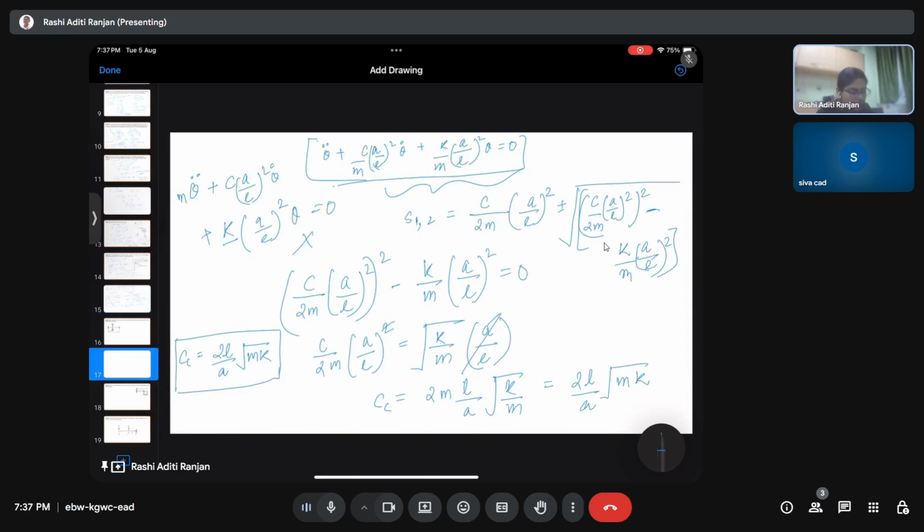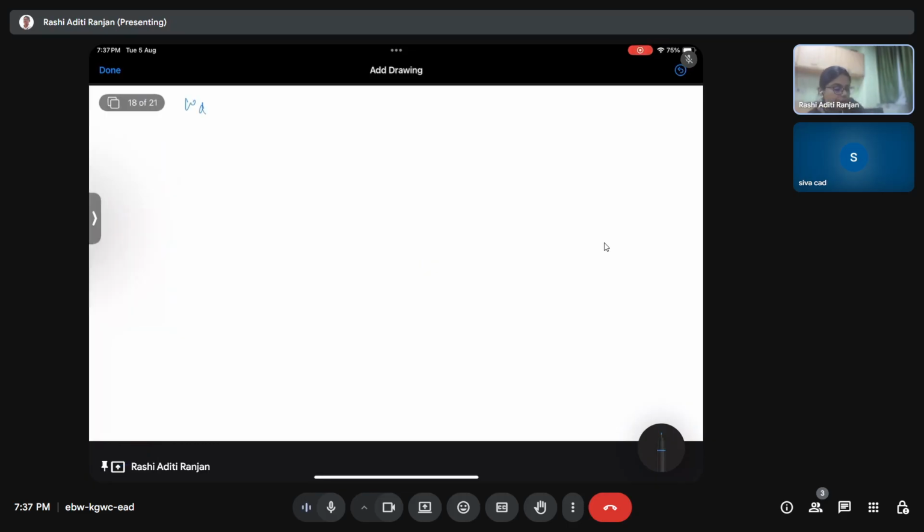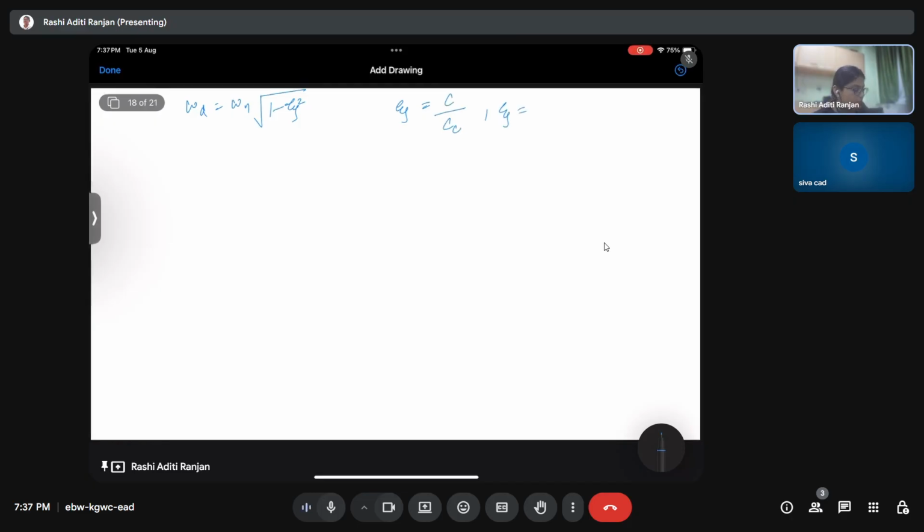If you remember, we had the relation omega d is equal to omega n under root of 1 minus eta square, where eta was c by Cc. Okay, so if you want to find eta, what is it going to be?